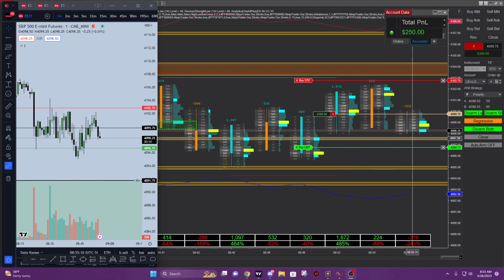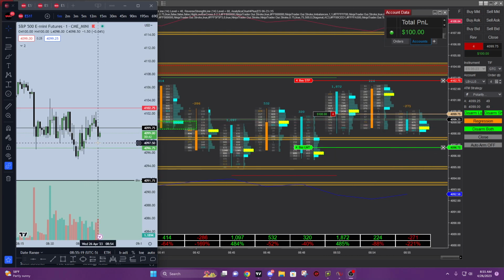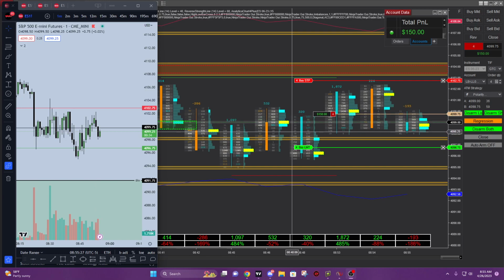So we just need to break out of this channel. If we break out of this previously marked channel from this absorption, then we should hit our take profit. I don't have too much to say, honestly. Just a little thrown off from the whole morning.